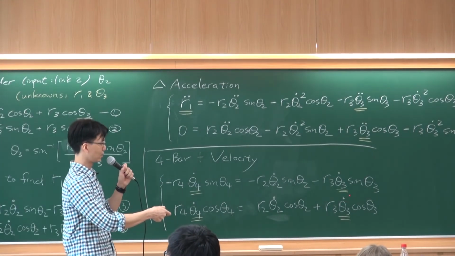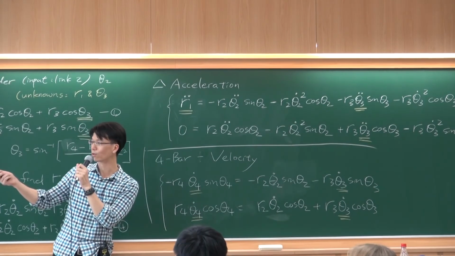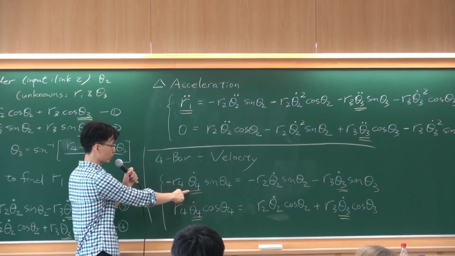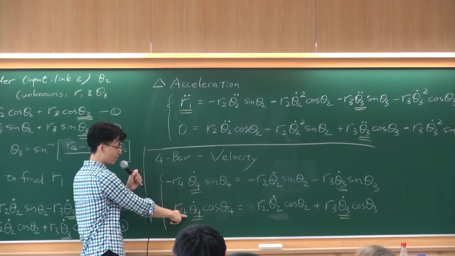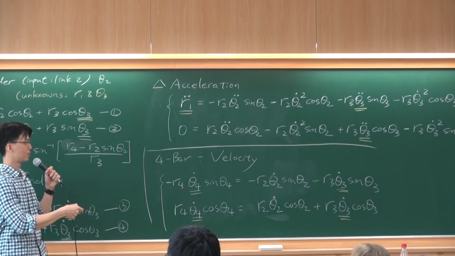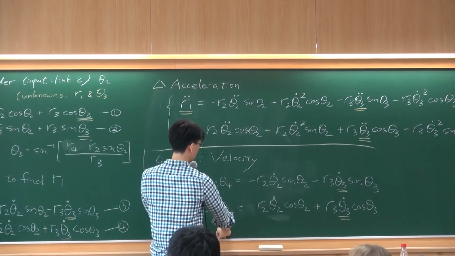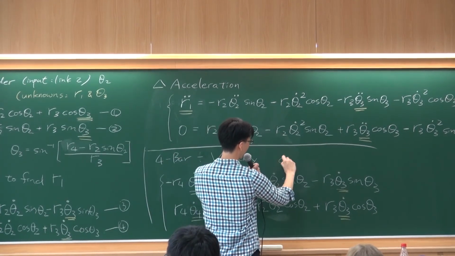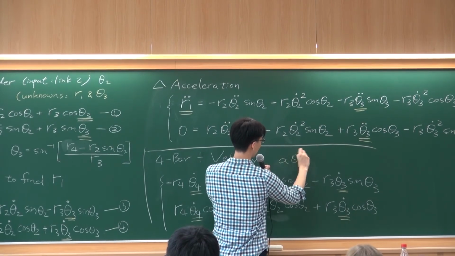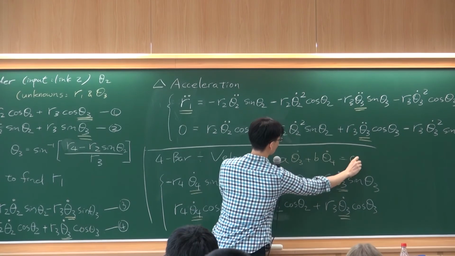But this one is actually easier, because the unknowns are not within the sine or cosine. So once you put in the values, it becomes like A theta 3 dot plus B theta 4 dot equals C.